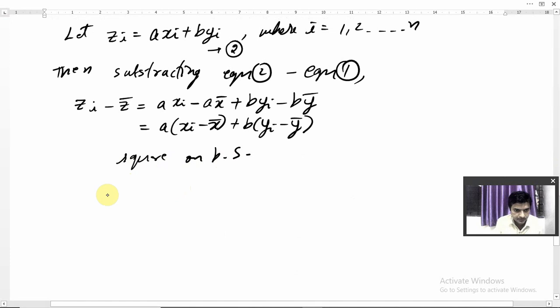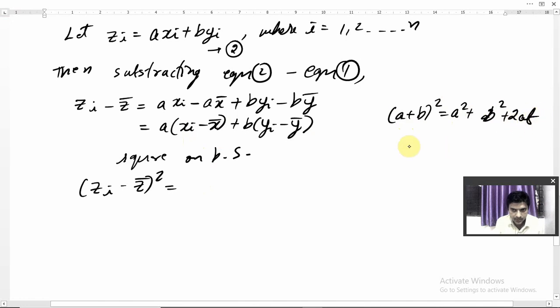on both sides. So zi minus z bar square is equal to, if you take this square, I am going to use the formula (a plus b) the whole square, which is a square plus b square plus 2ab, where I will take a as xi minus x bar, and b I will take as yi minus y bar.